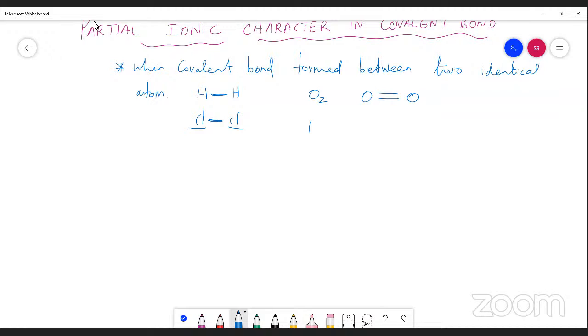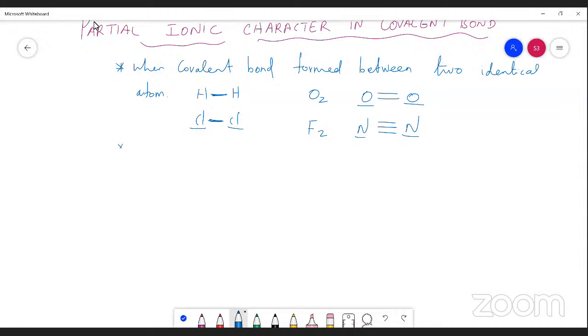In the nitrogen molecule N2, nitrogen is triple bonded with nitrogen. So both nitrogens are identical atoms. Here both oxygens are the same kind of atoms. The covalent bond formed between two identical atoms of hydrogen, chlorine, oxygen or nitrogen.